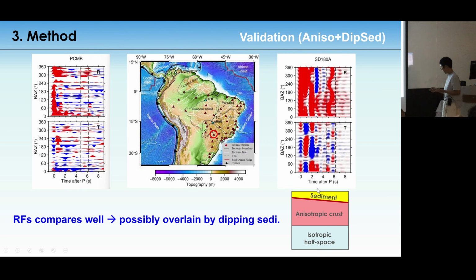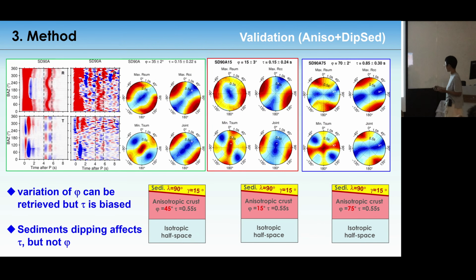So that's why we did a further test. Here we made another model with a known dipping geometry of the sediments and the anisotropic crust. Here is the output, and phi is 35 here, the input is here, and again we can't retrieve tau.